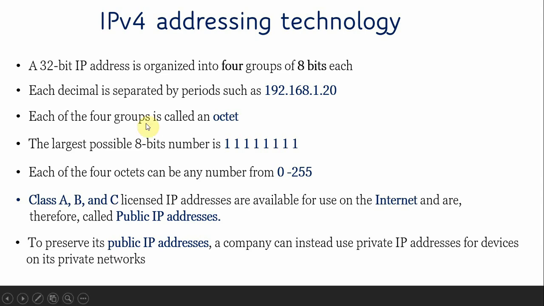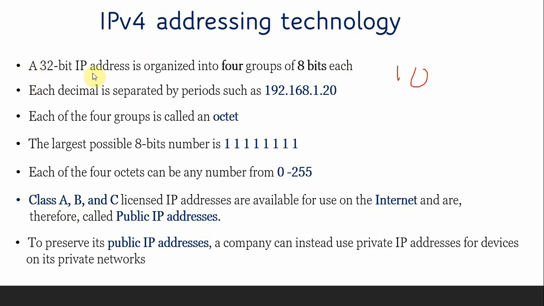Alright, so let's look at certain terminology, certain keywords or information that we need to know about IP version 4 addressing technology. The IPv4 is 32-bit. When we're talking about bits, we're talking about binary numbers, 1 and 0. This is what computers know in terms of language; it speaks in binary.